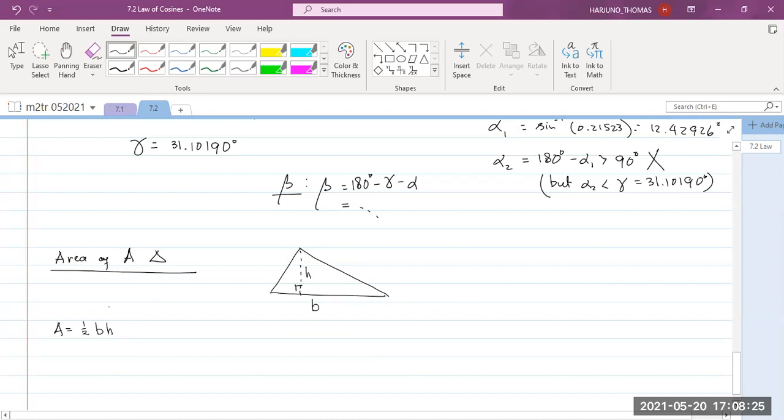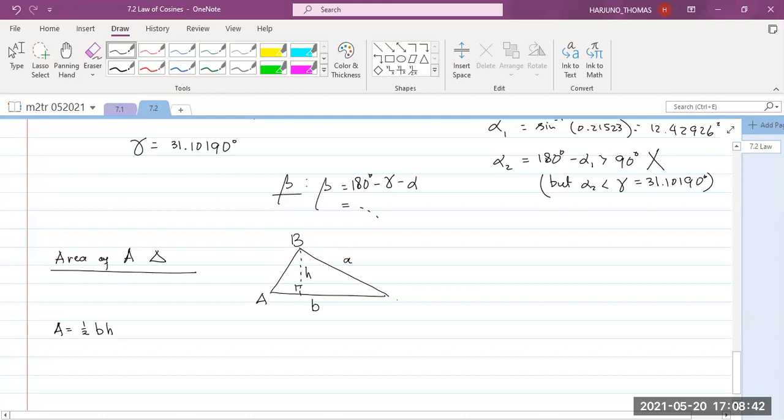Okay, now if you don't know this formula, quickly drop the class. It's too late. You cannot drop the class anymore anyway. Okay, so that's the basic formula for the area of a triangle.